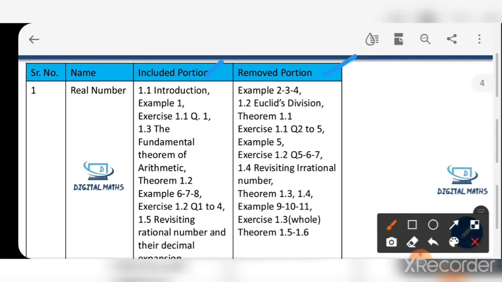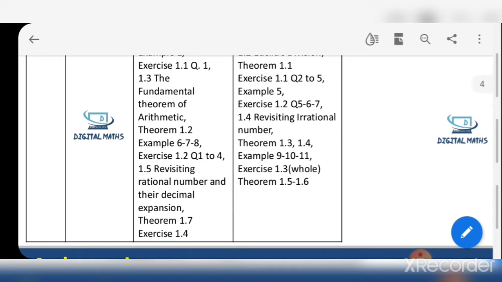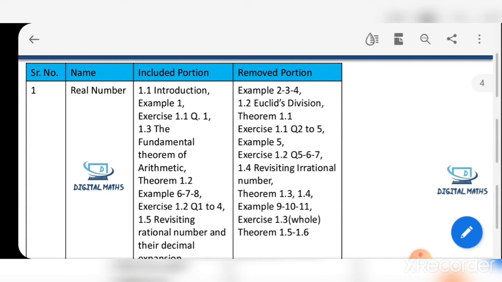First, the introduction, example 1, exercise 1.1 question 1, 1.3 the fundamental theorem of arithmetic, theorem 1.2, examples 6, 7, 8, exercise 1.2 questions 1 to 4, 1.5 rational numbers and their decimal expansion, theorem 1.7, exercise 1.4. It is the included portion from chapter number 1.